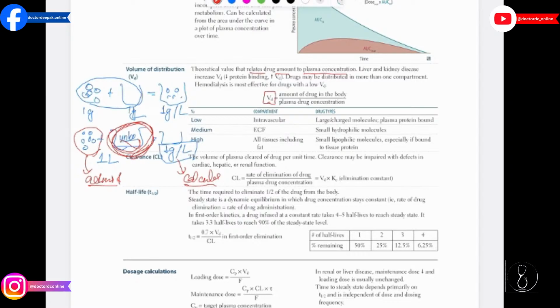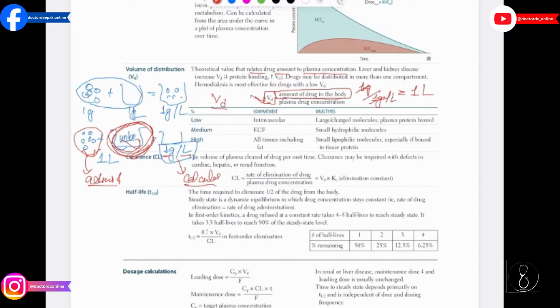By this formula, the volume of distribution: first we have the amount of drug in the body that you are injecting, for example 1 gram, and the plasma drug concentration is 1 gram per liter. What is the volume of distribution? When we divide both, it will be 1 liter. Understood?